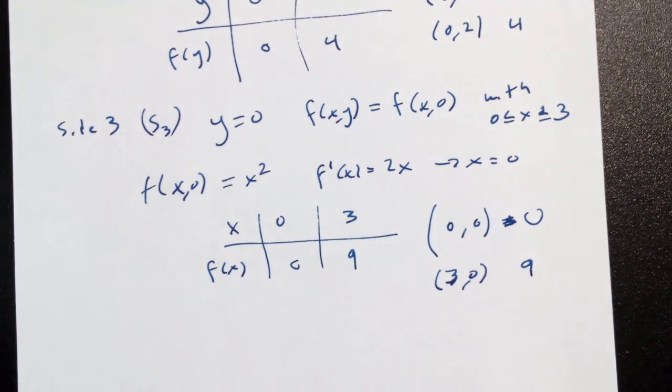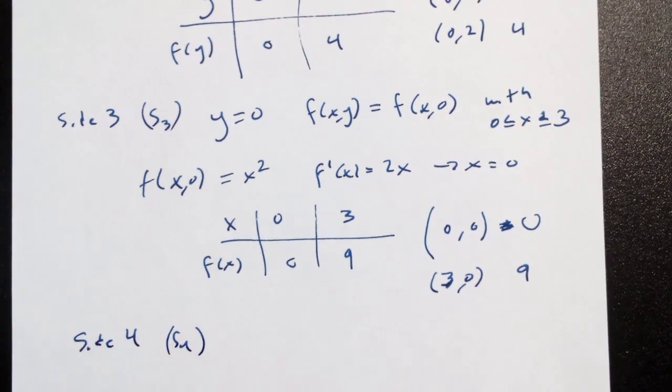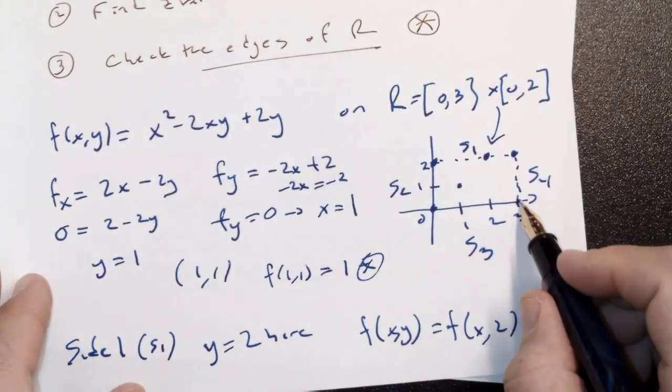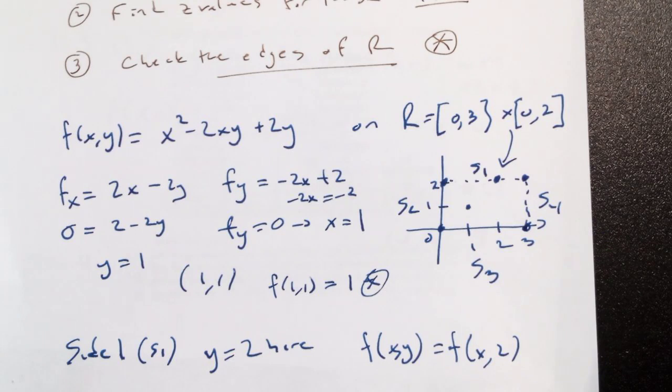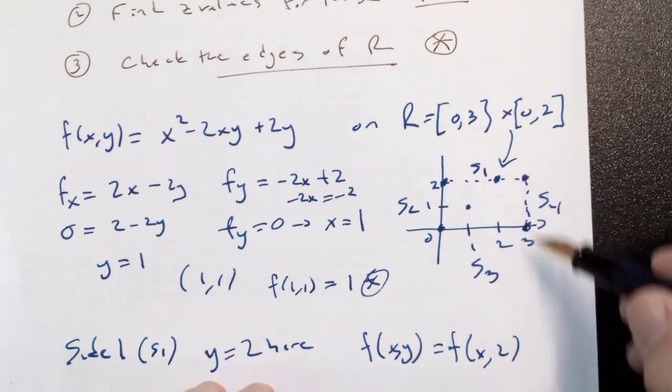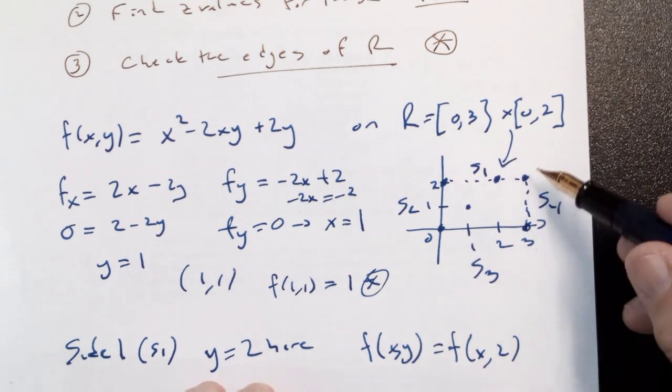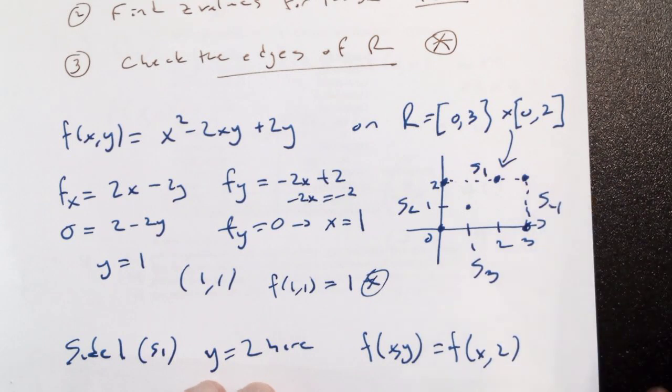One last side. Side 4. What do I know about side 4? Be careful. X equals 3. That's a vertical side.